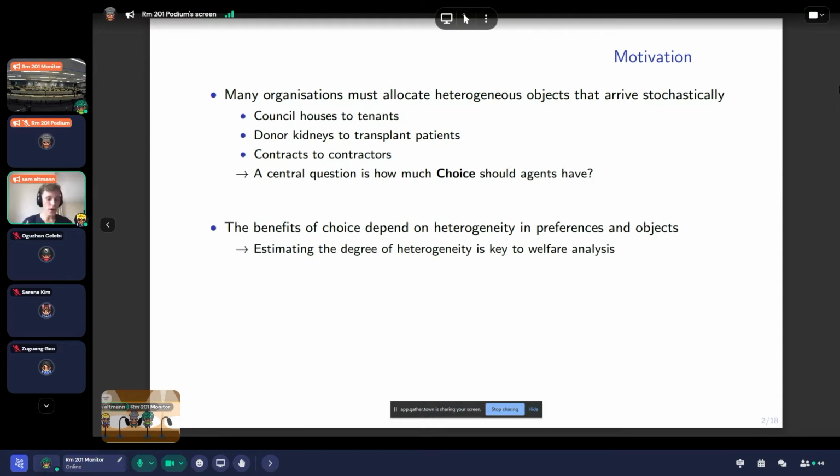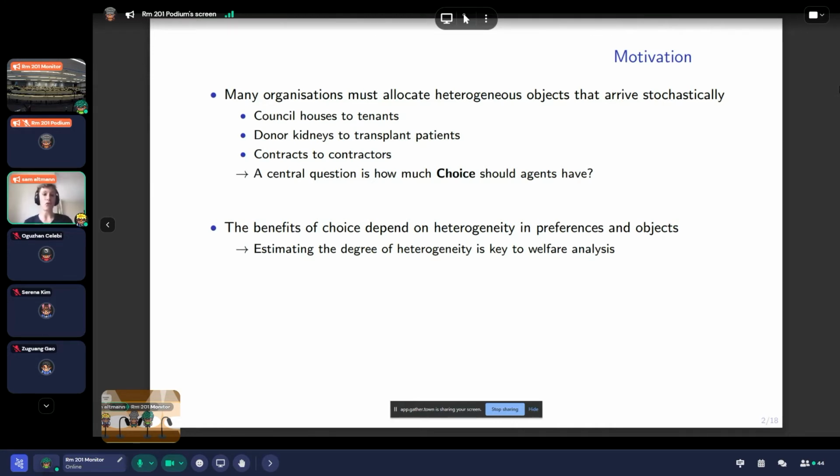So we know that the benefits of allowing agents to choose depends on the degree of heterogeneity in preferences and also the substitutability of objects. So for a given unit of public housing, if every agent has the same value of that unit, then it won't matter for welfare which agent we give that unit to.